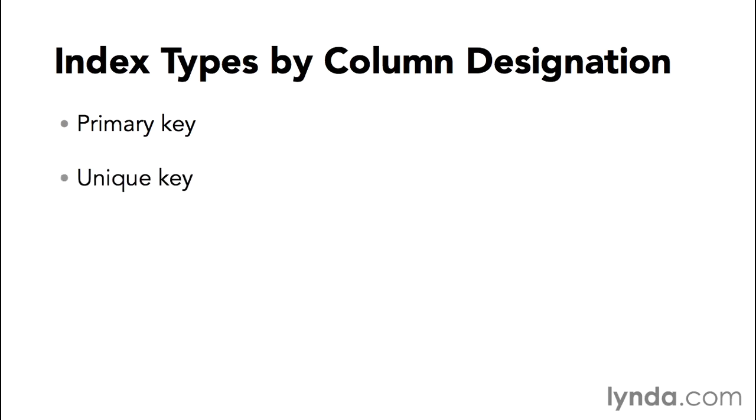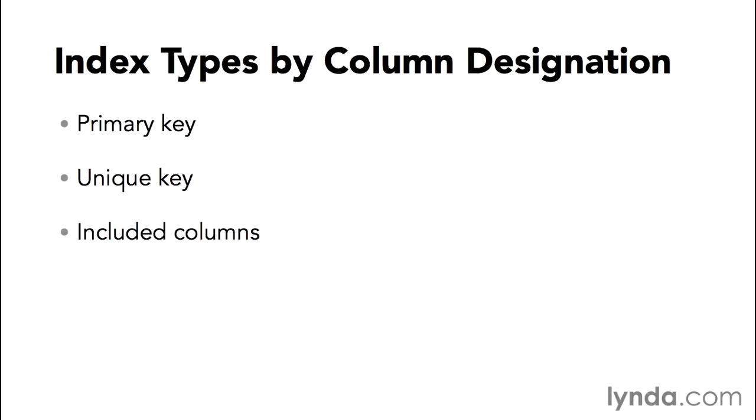A unique key is very similar to a primary key. The difference is a unique key allows nulls, where a primary key does not. Included columns. An included column index is one in which we have a number of columns. Quite often your users are running queries where they select a certain set of columns, and it's the same over and over again.